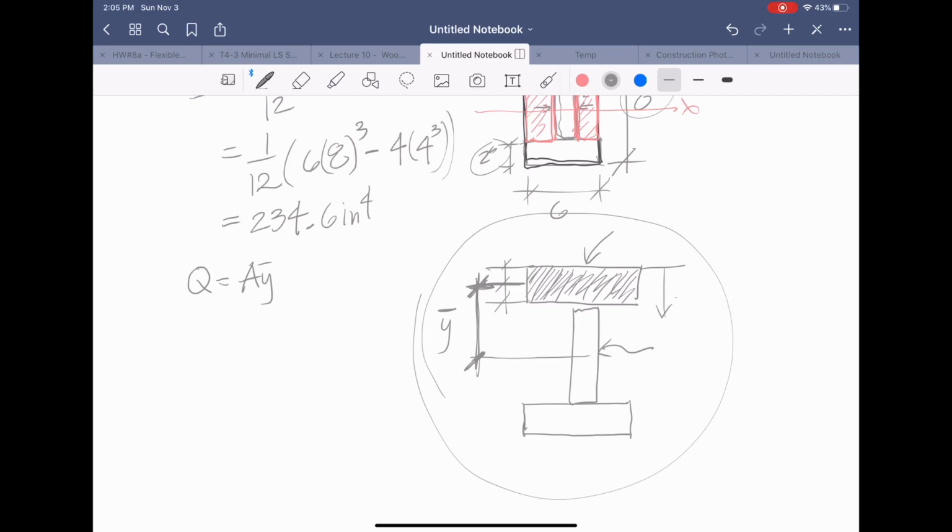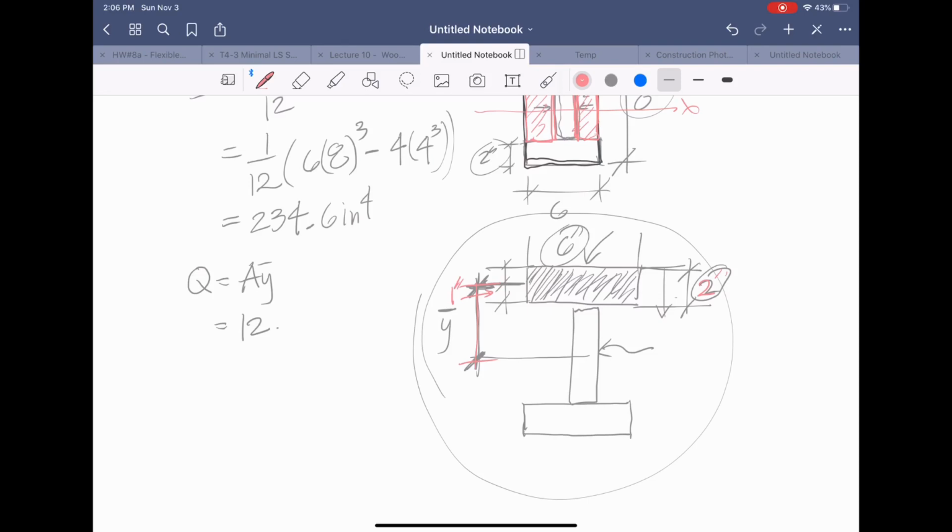So what is the area? Well, I think we're saying this is 6 inches, and that is 2 inches. So the area is going to be 6 times 2, which is 12. And we know that the distance from here to here is, say, 2 inches, so this is 1 inch right here.